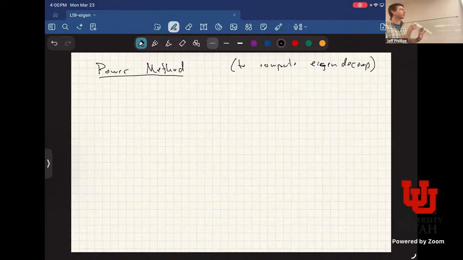If I have a little bit of time at the end, I'll write down a little bit of the algorithm to compute the singular value decomposition, but once you get this, you can recover the singular value decomposition if you want to.